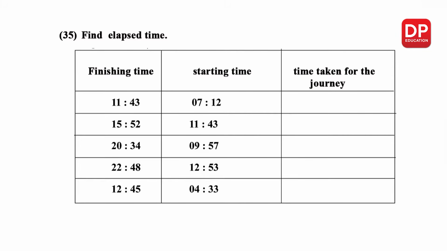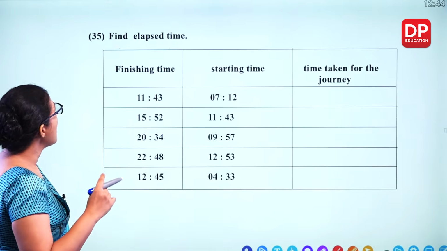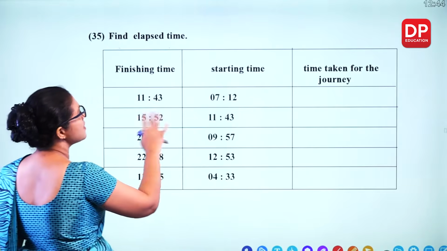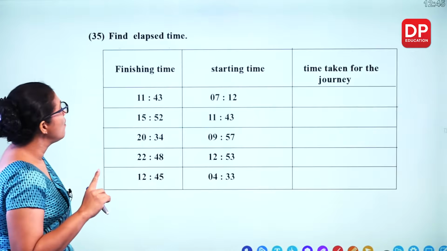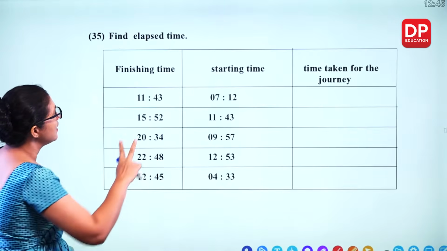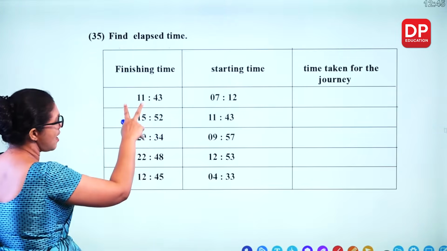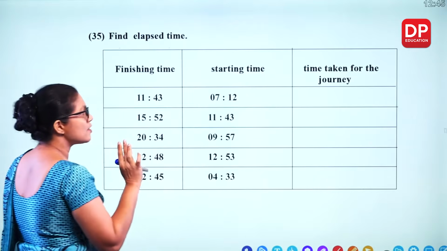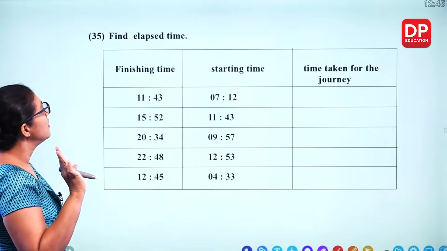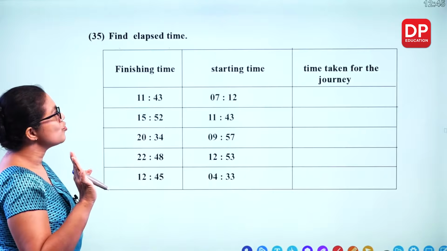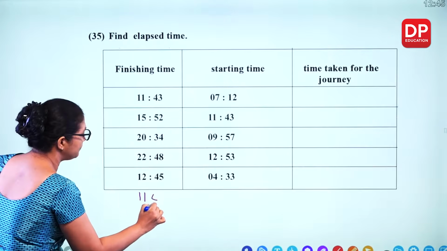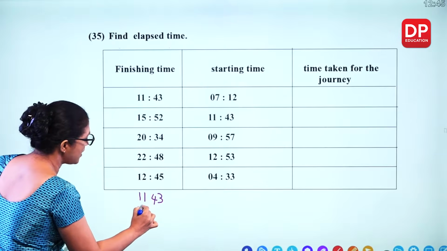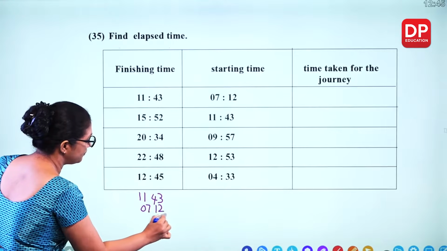Find elapsed time. So, you have to take the subtraction. So, finish time and the starting time. So, here you can't subtract like this. We'll see. Yeah, so this is in standard form. It's 24-hour clock. So, that's easy to subtract. So, we'll do that. 11:43 subtract 7:12.